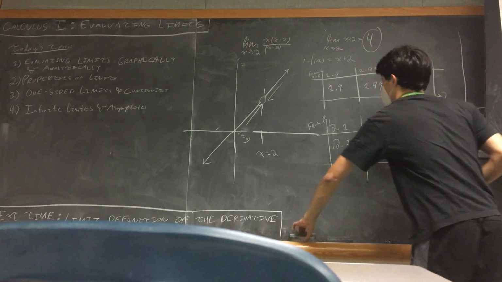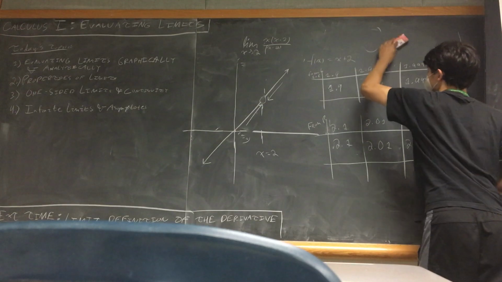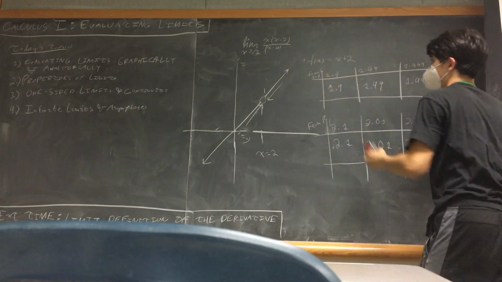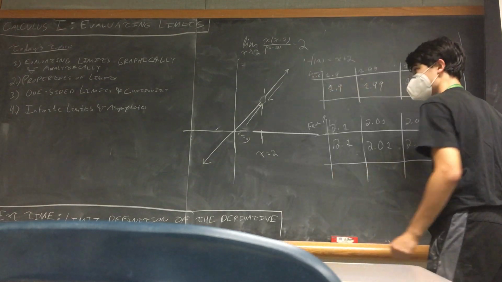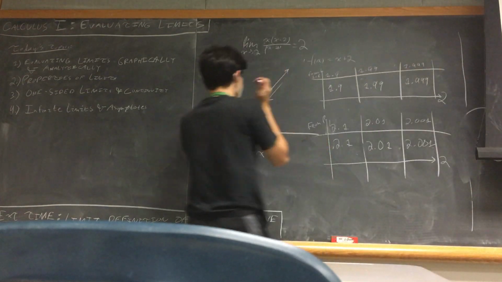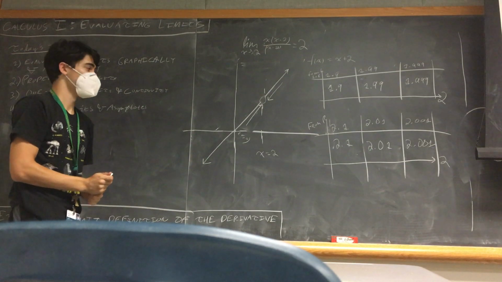So in this case, we can say that the limit of this function as x approaches 2 is in fact equal to 2, even though the function isn't defined at x equals 2.